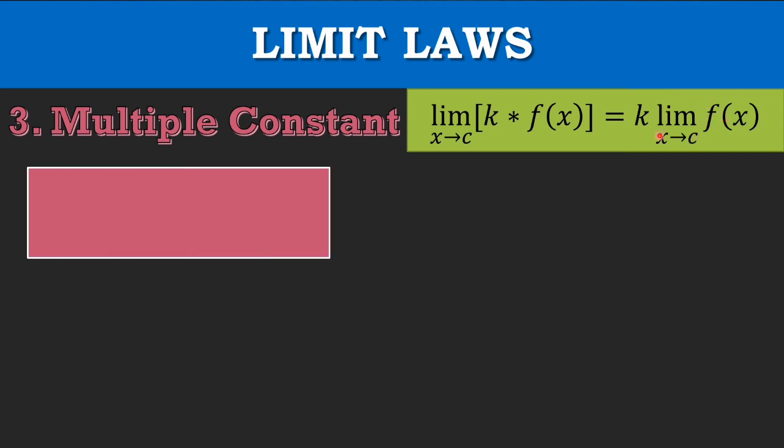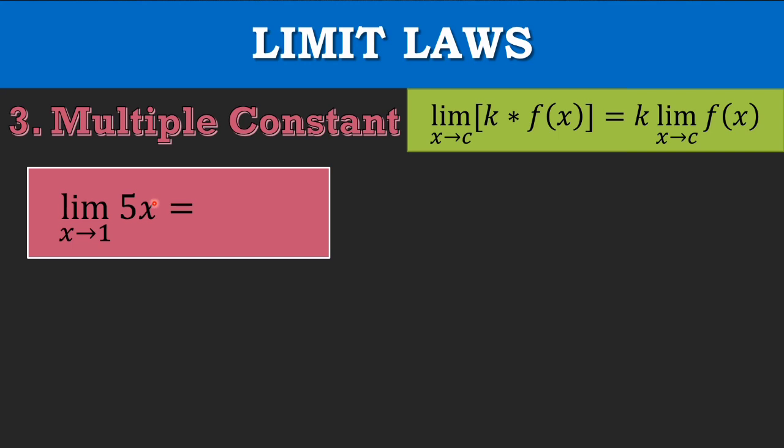Example. We have your limit 5x as x approaches 1. So alam natin, okay, that our function 5x is divided into 2, okay? Yung 5 na term, which is your numerical coefficient of your function. So this is the value of your k, and we have your function f of x, which is obviously your x.